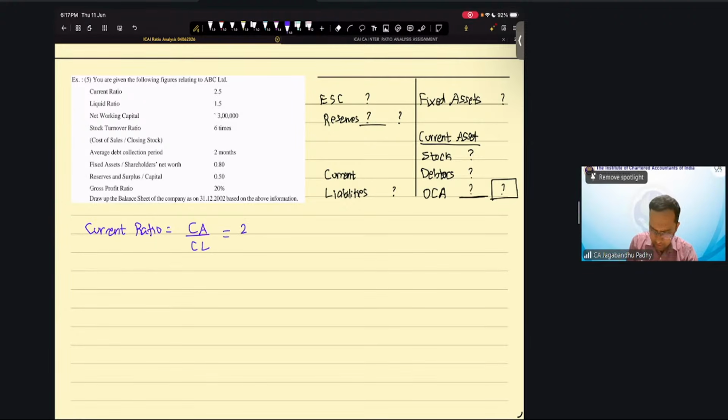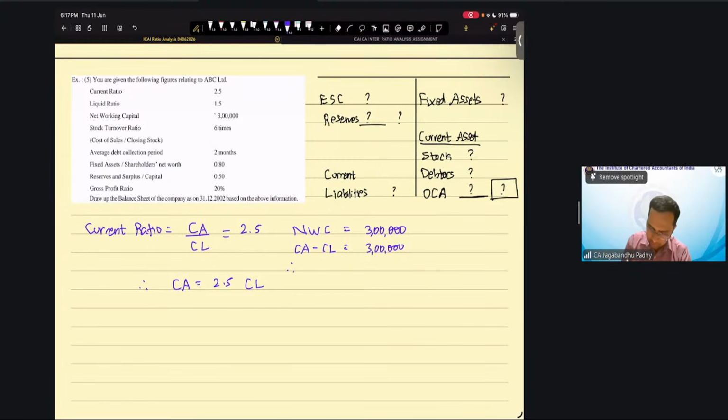And that's given as 2.5. On the other side, we have the net working capital as 3 lakh. So we can definitely say that current assets are 2.5 times current liabilities. And how do we get the net working capital? Net working capital is computed as current assets minus current liabilities, which is 3 lakh.